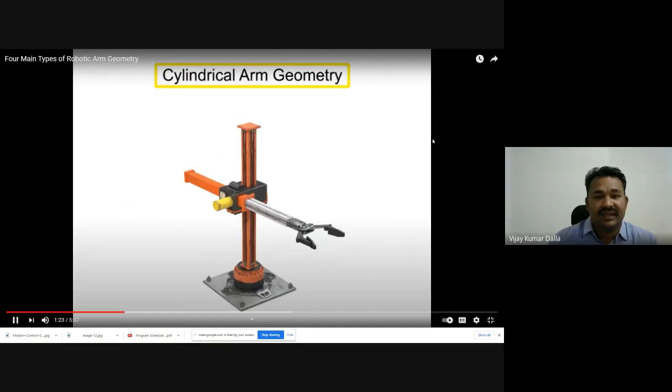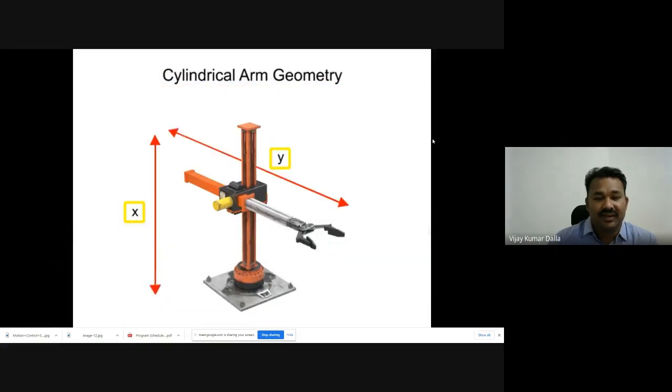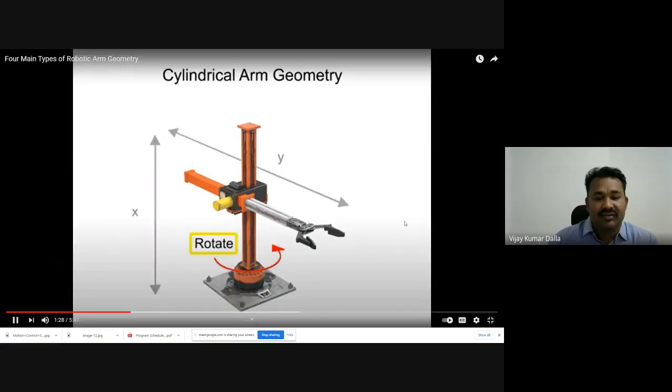Now see cylindrical arm geometry. Observe the motion.